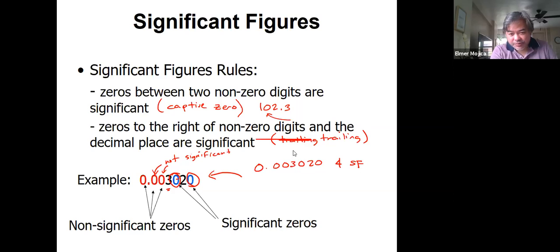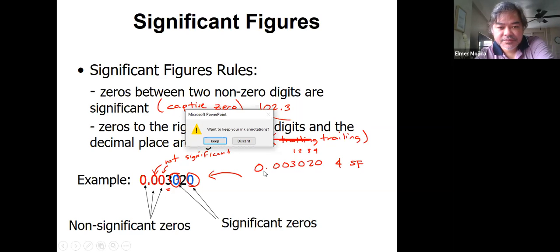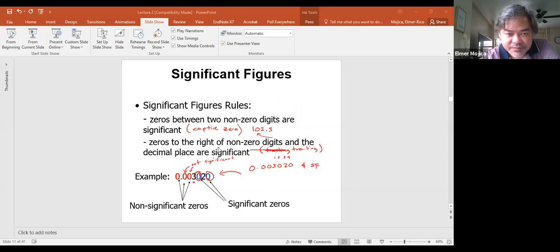So what are those 4? 1, 2, 3, 4. So, any questions so far? Okay.